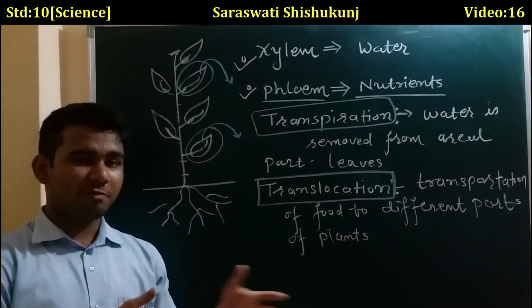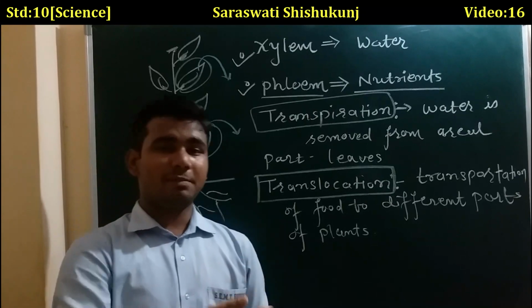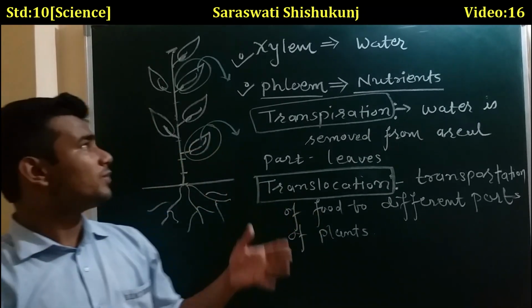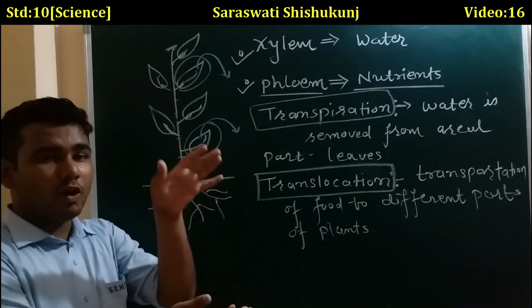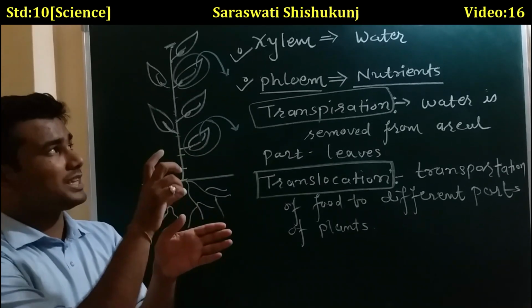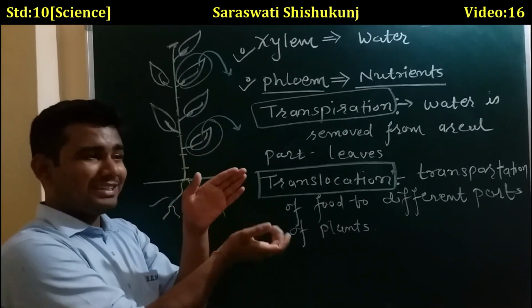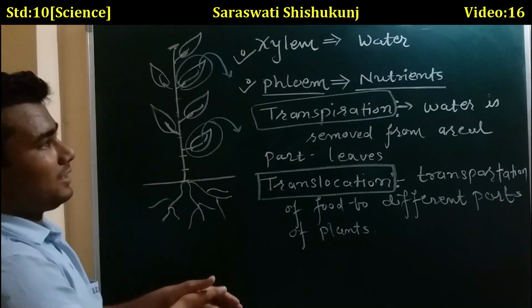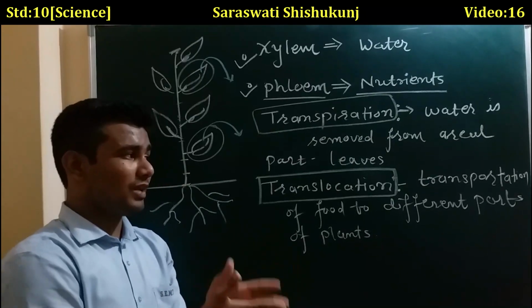With the help of the video and the data given there, you will be able to write the answers. So this way, in short plants and in long plants, meaning plants which have less height and a short path for transportation, and plants which have a long path of transportation, transpiration and translocation is done.